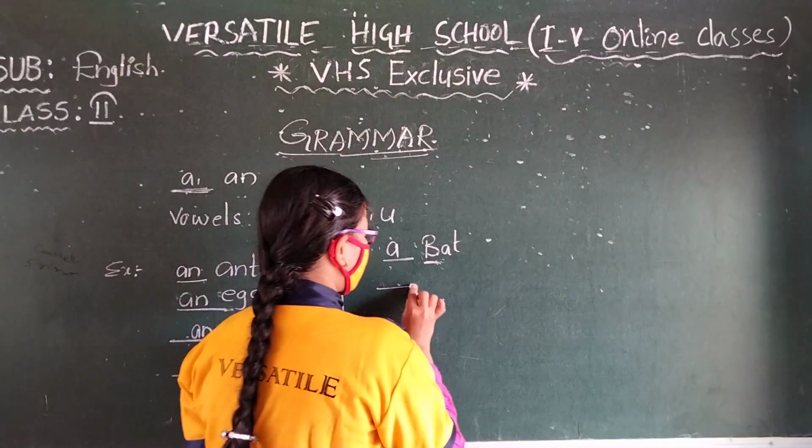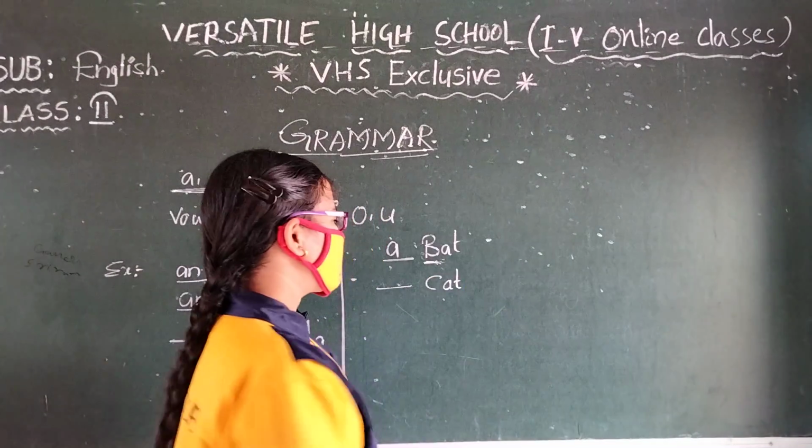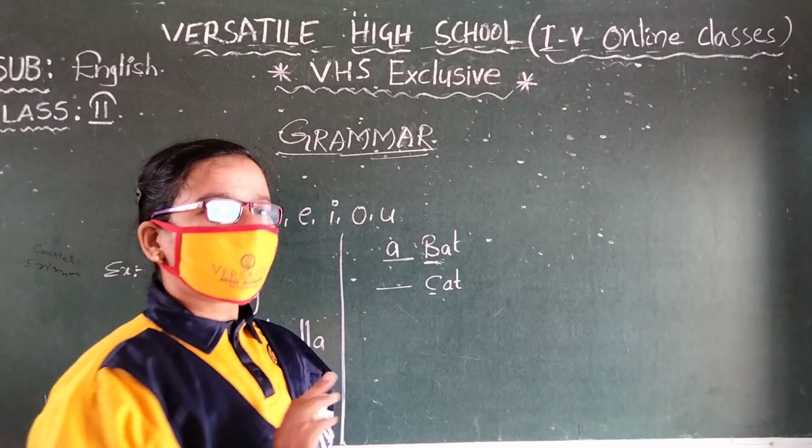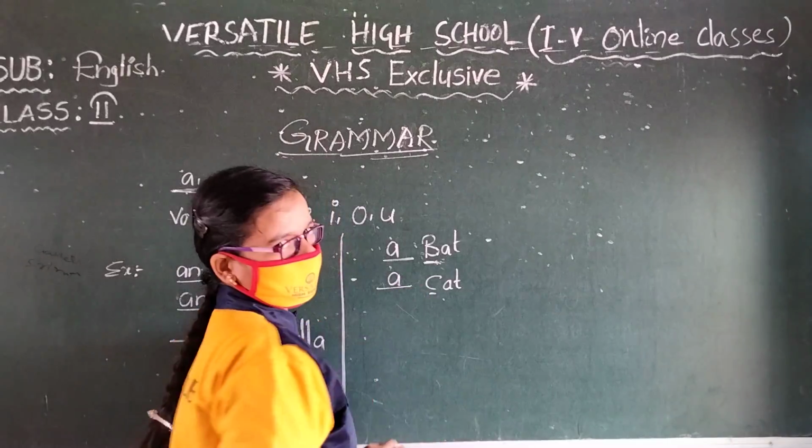And then next, C-A-T, cat. C is a consonant. This consonant sound we use a before.